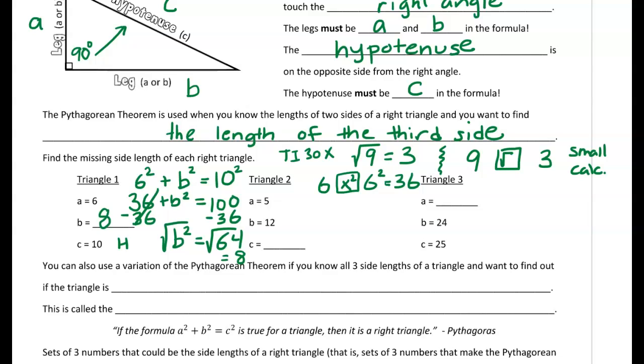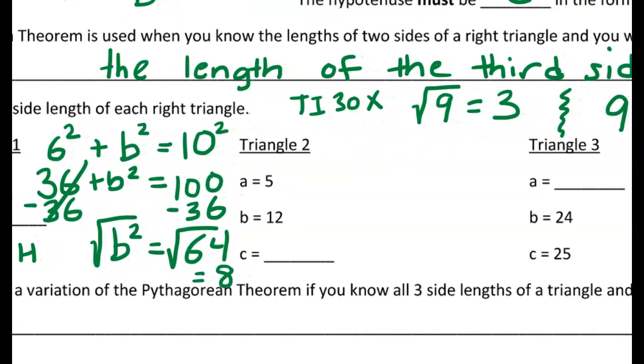So let's say here the hypotenuse is missing. Let me clear this out for a moment, just to give us a little bit of space. All right, so here we have A squared, so 5 squared plus 12 squared equals C squared.